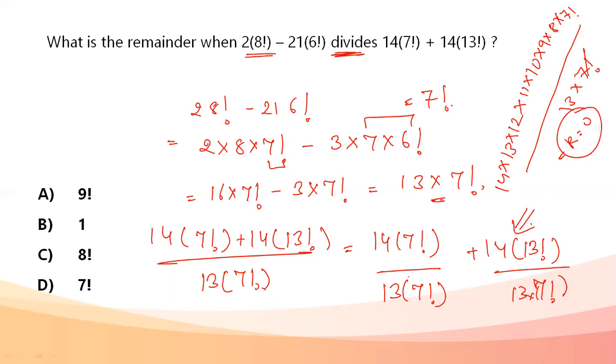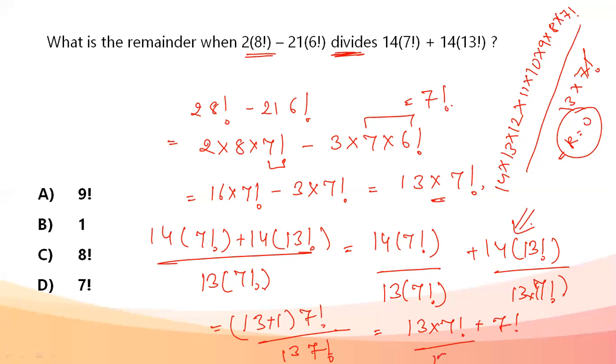But here, I cannot cancel out 7 factorial and 7 factorial. I'll have to split 14 into 7 factorial divided by 13 into 7 factorial as 13 plus 1 into 7 factorial divided by 13 into 7 factorial. Now, this becomes 13 into 7 factorial plus 7 factorial divided by 13 into 7 factorial.